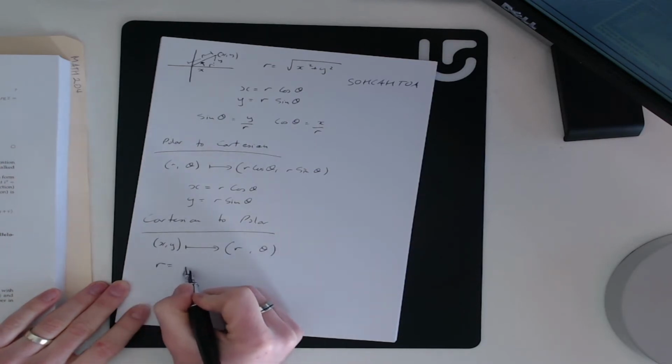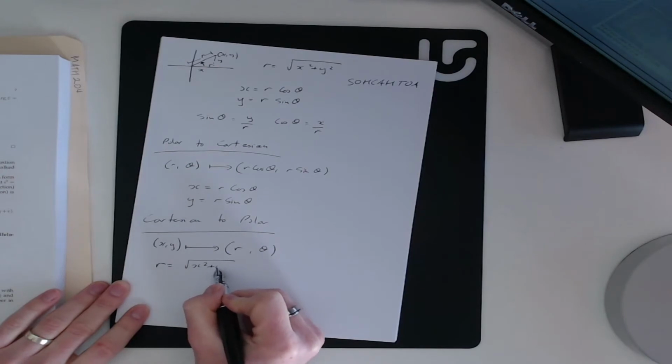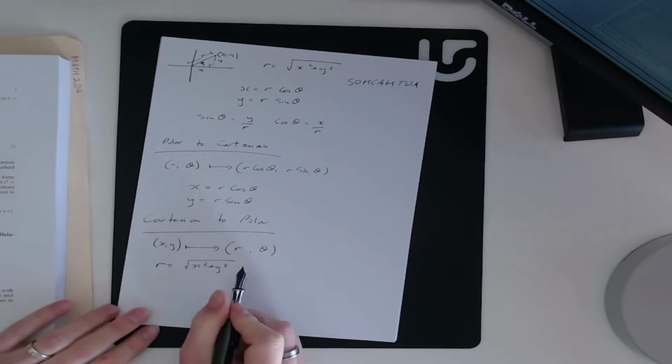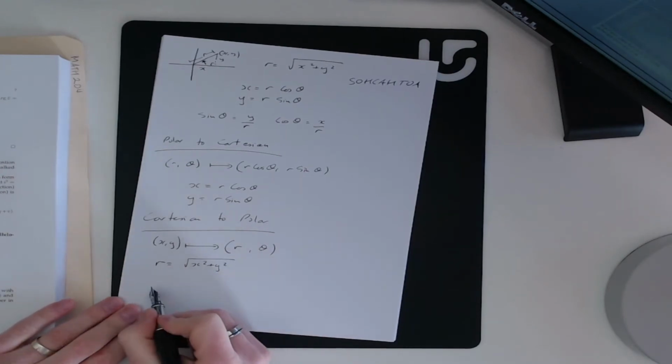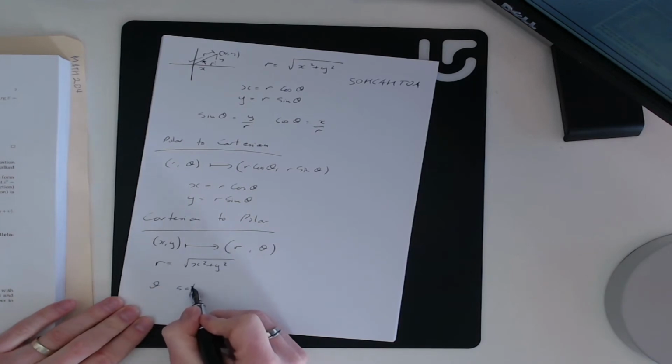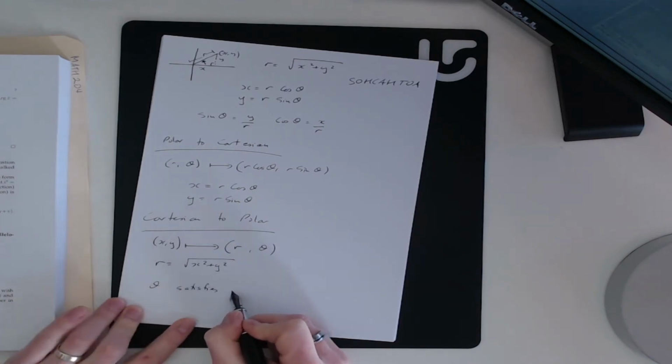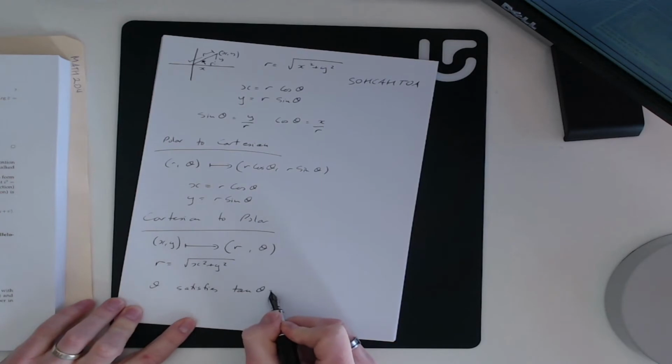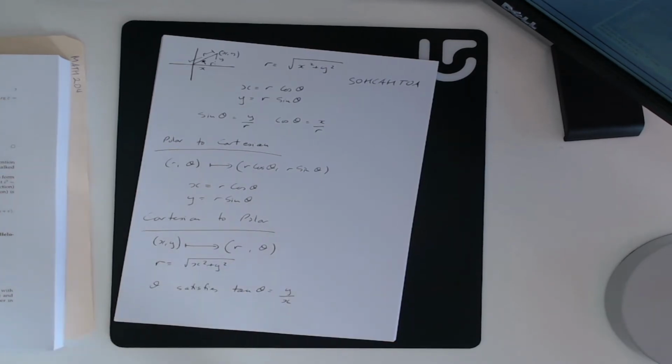We know that the radius is always going to be the square root of x squared plus y squared, so that's great. And what we can say about the angle theta is that theta satisfies tan of theta equals y over x. And we can't simply take the inverse here.